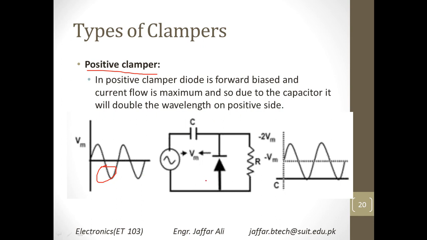For clampers, instead of only a diode and resistor, you will also be taking a capacitor in the circuit diagram. And by this diagram you can see that this negative portion is copied, is taken above the negative level, and you see that there is an increase in the amplitude.